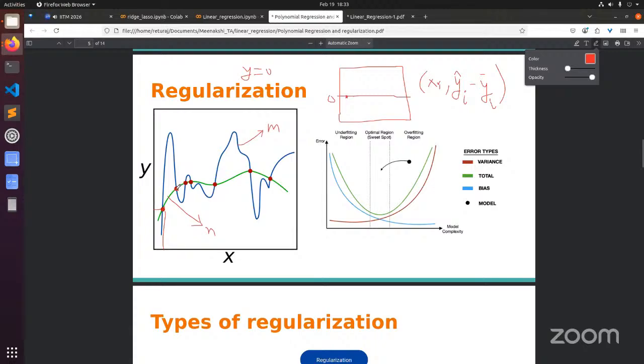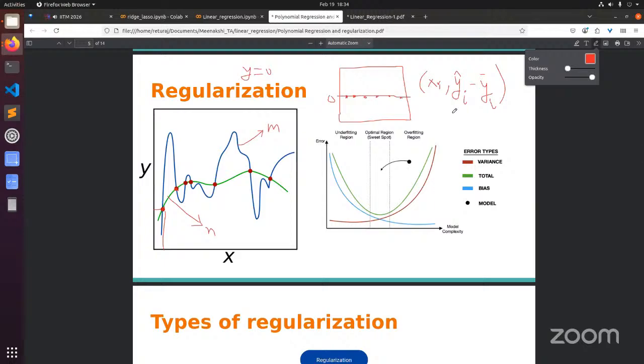The y prediction matches exactly. Similarly, for all the data points it exactly matches the prediction. So the error will be 0, right? So you can see that both the green and blue lines have a residual plot equal to 0.